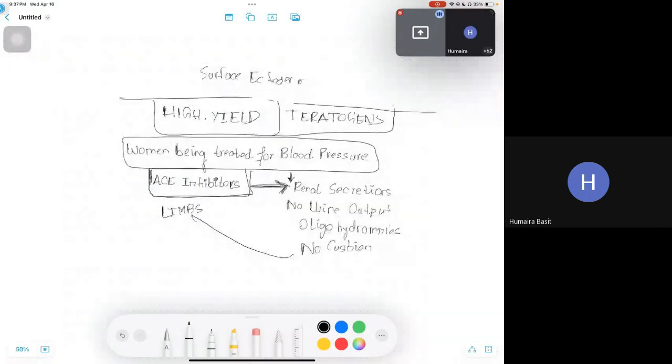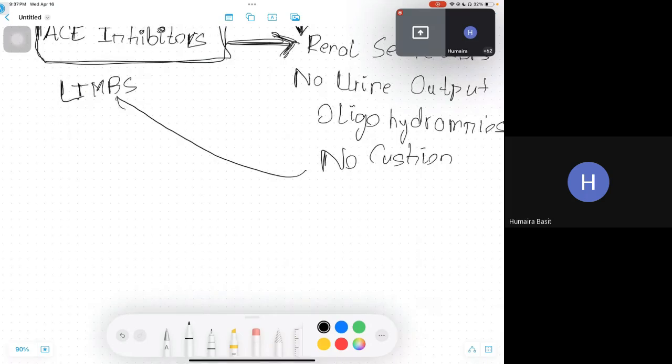Okay, so how can we prevent Potter sequence? For Potter sequence, you need to remember that we need to give the following antihypertensives to the mother. Remember, guys, it's not just reproductive, it's not just the embryo.